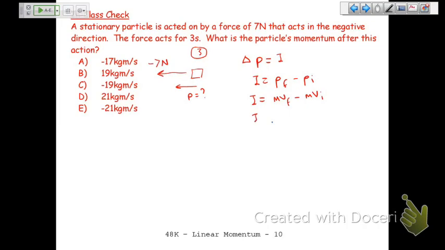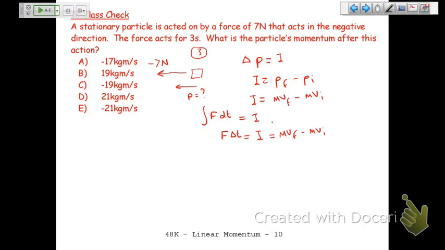And of course I is also equal to the integral of F dt. So I is equal to, in a straight line when everything is constant, force times my delta time. So my force times my delta time equals MV final minus MV initial.